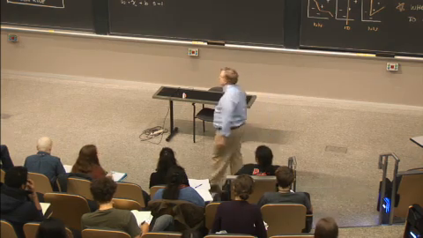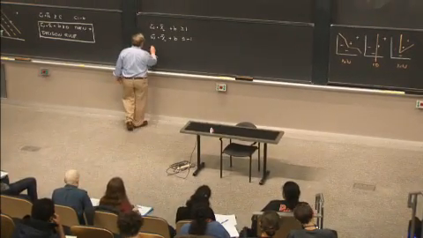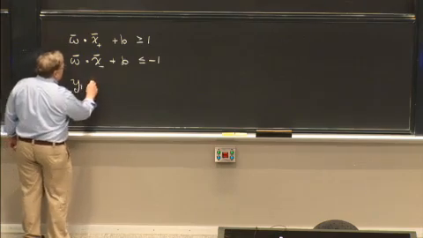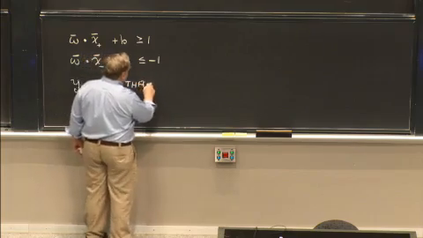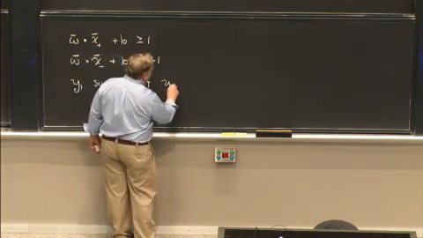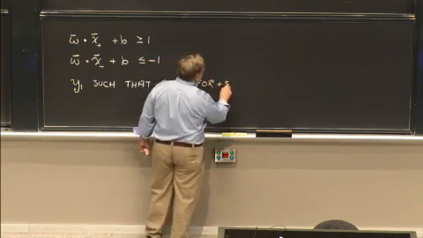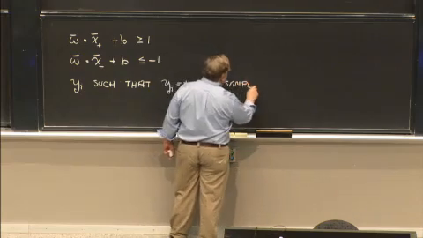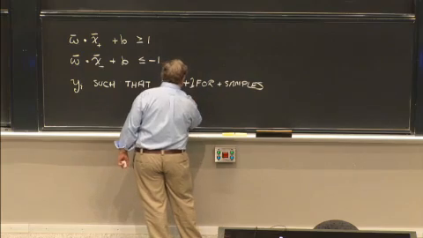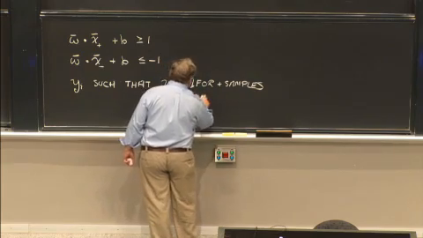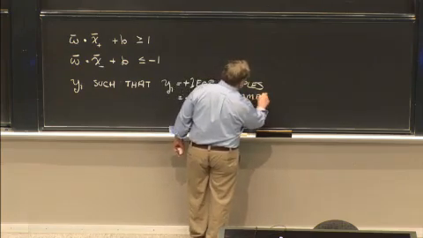It's a mathematical convenience. So what we're going to do is introduce a variable y sub i such that y sub i is equal to +1 for plus samples and -1 for negative samples.